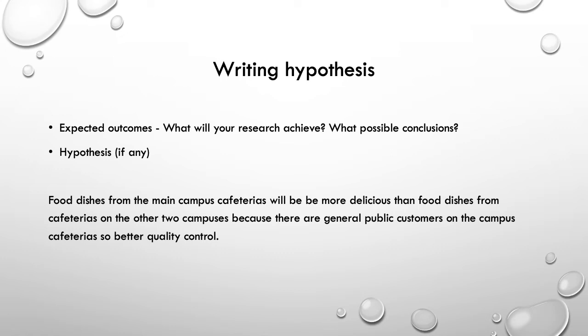In a real research where you write your research hypothesis, ideally you would support your hypothesis with references and citations. For the purpose of our report, you do not need to add a citation for your hypothesis because it's quite difficult at this stage.